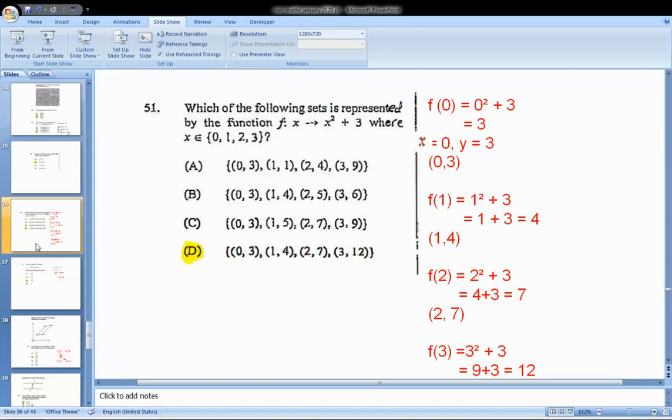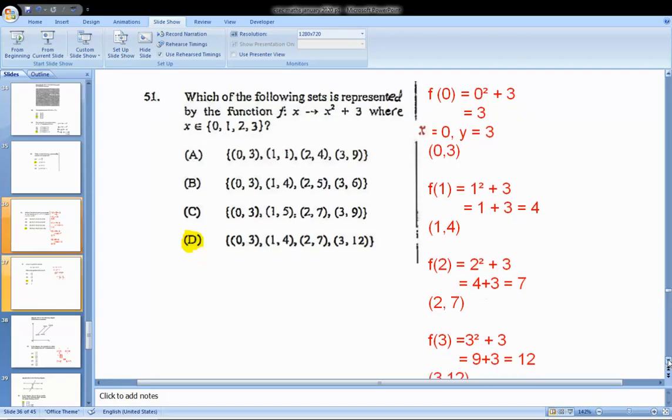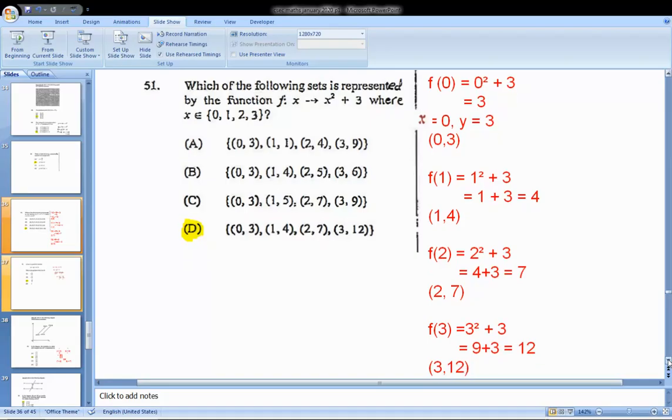So our next values would be 2, 7. And substituting 3 in f of x, x squared plus 3, f of 3 equals 3 squared plus 3. 3 squared is 9 plus 3, that's 12. So our values would be 3 and 12. So for 51, the answer that matches all our values is D.